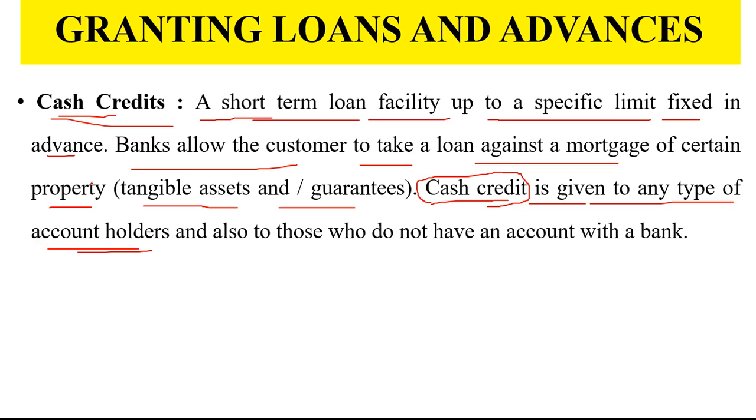They can get this cash credit facility, and also those who do not have an account with the bank. The bank can give this facility to customers who do not have an account with the bank also.